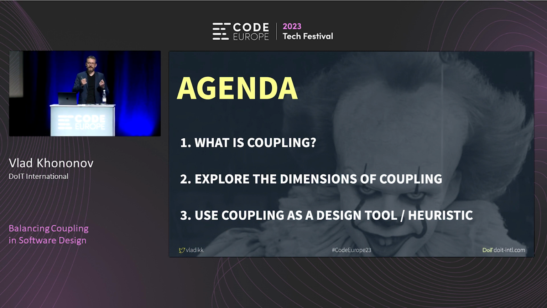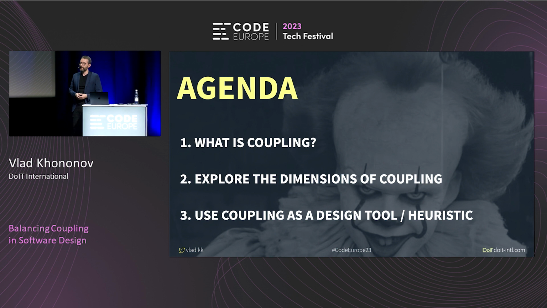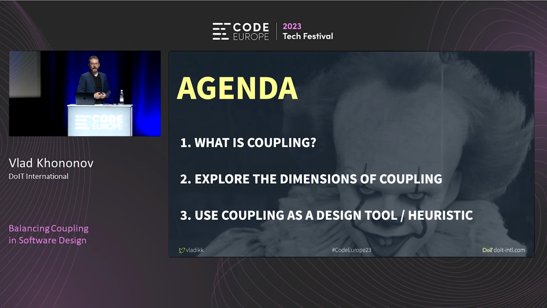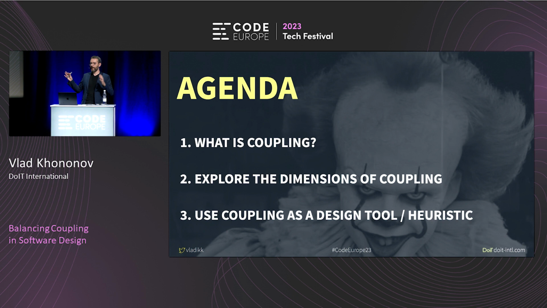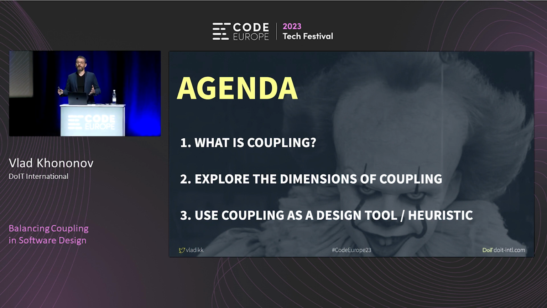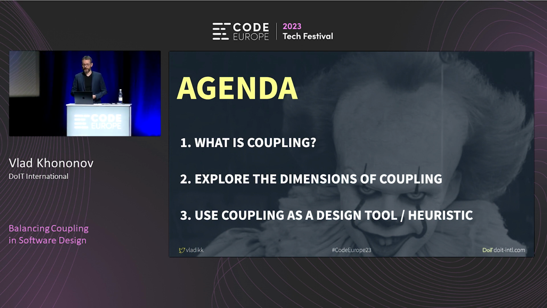What is this thing that we call coupling? What is it exactly? Then we're going to explore the dimension of coupling, or in other words, the different ways coupling manifests itself in software projects. Finally, we are going to combine that knowledge into a framework that will allow us to use coupling as a tool for designing modular systems.